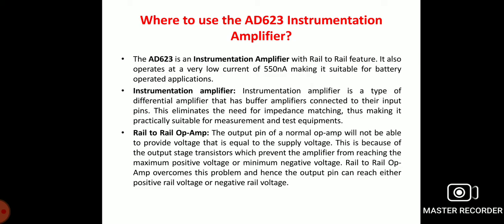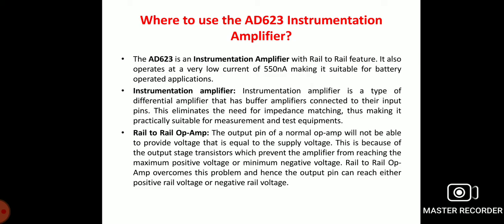Generally, the instrumentation amplifier is a type of differential amplifier that has buffer amplifiers connected to its input pins. This eliminates the need for impedance matching, thus making it practically suited for measurement and testing equipment.